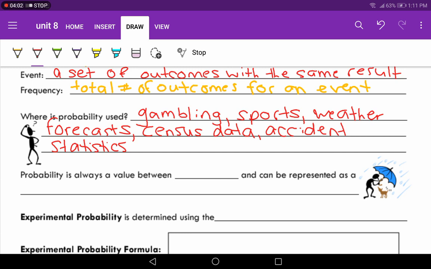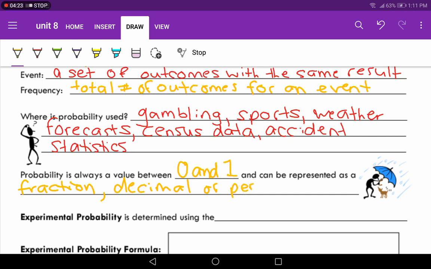Okay, so probability is always a value between 0 and 1 and can be represented as a fraction, decimal, or percent.